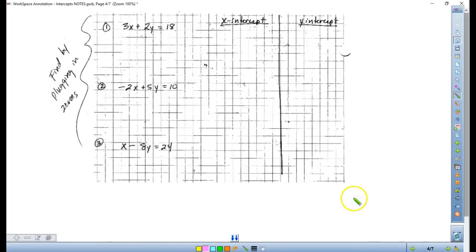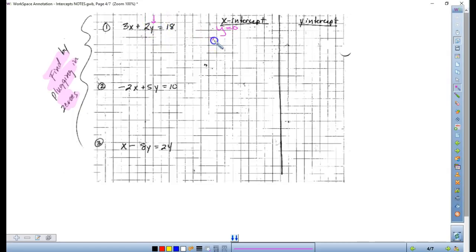All right. So how to find x and y intercepts if you don't have a graph? We're going to use that 0 knowledge that we have to find those intercepts. Okay, so we have to think, if we want an x-intercept, y equals 0, right? So we're going to put that in for y.